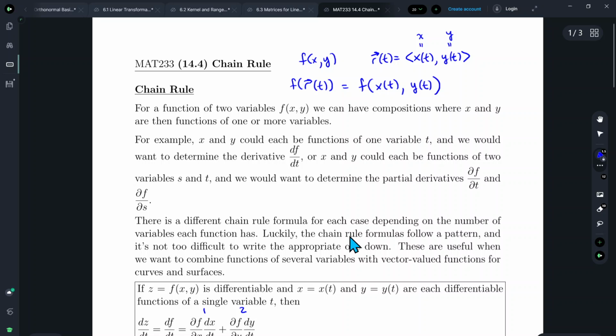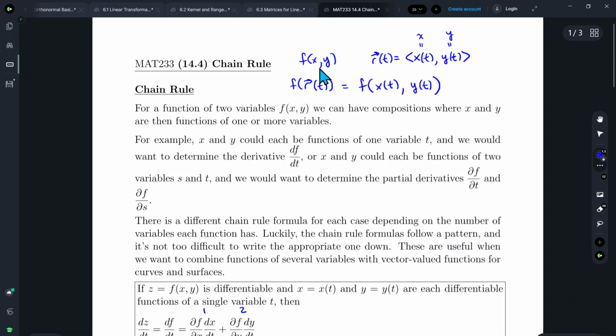So again, just like this situation here, the chain rule is useful when you want to combine a function of several variables with a vector valued function that represents some kind of curve, or later on in the course, even surfaces. I can actually describe geometrically what's going on when you do a composition like this.